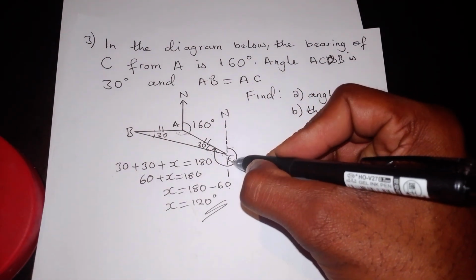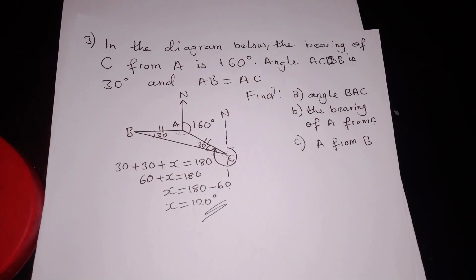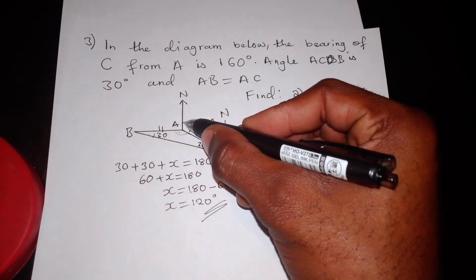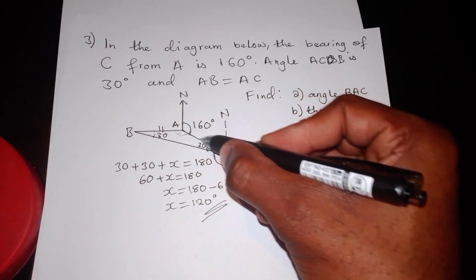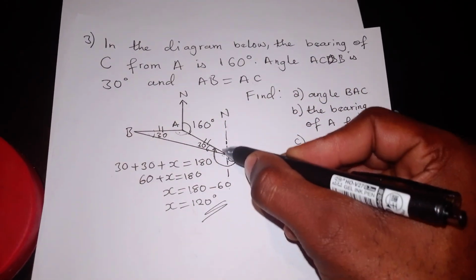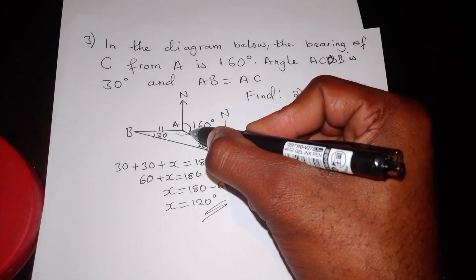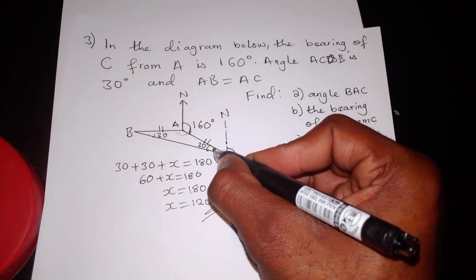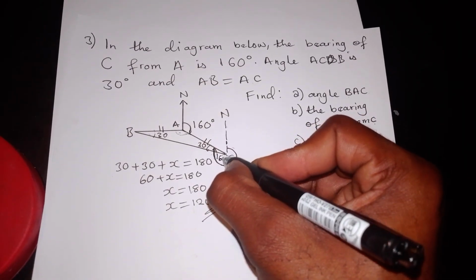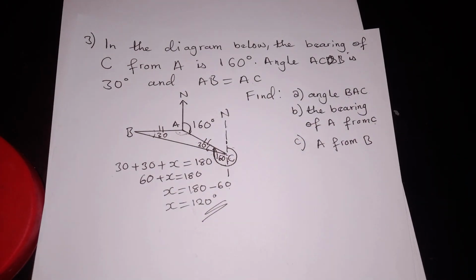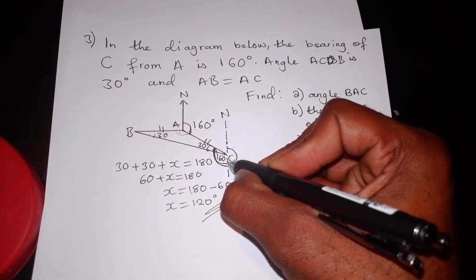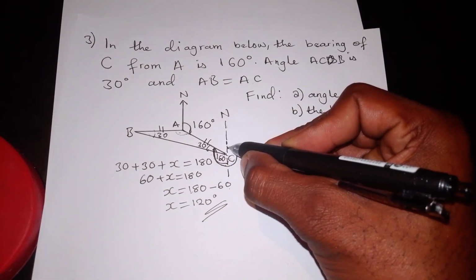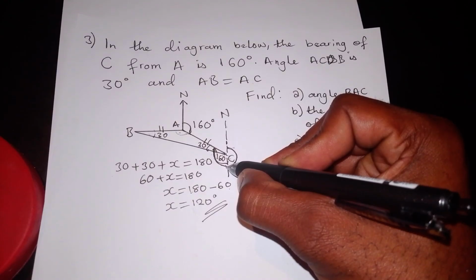So for me to find this, all I need to do is, of course, I know that this is 360 degrees, and as you can see, we have a Z angle here. So if this is 160 degrees, then this is also 160 degrees. So that means you have 160 degrees this side, and then you have 180 degrees this side.